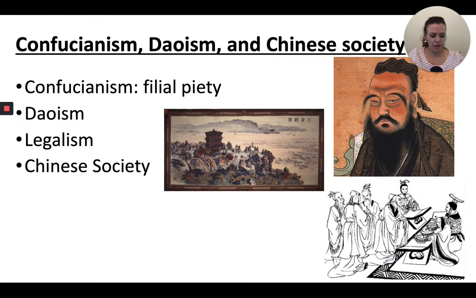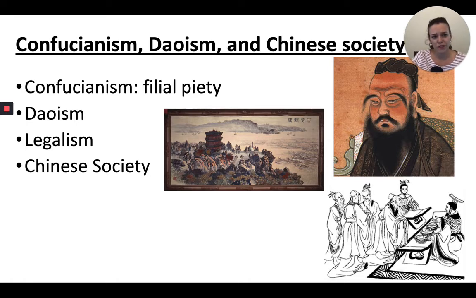So, out of this, we are going to really see the emergence of 3 unique belief systems. The first one is an important continuity. It's Confucianism. So Confucianism is a concept you really should understand because it is such an important part of Chinese societal culture.